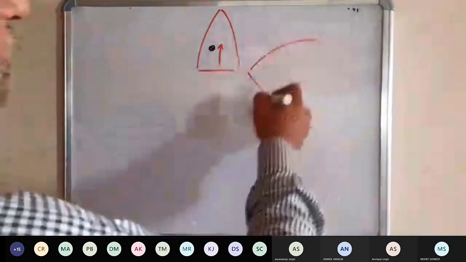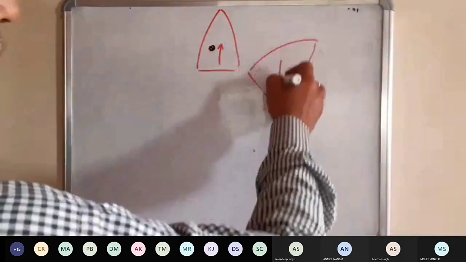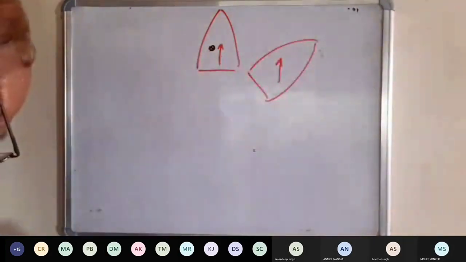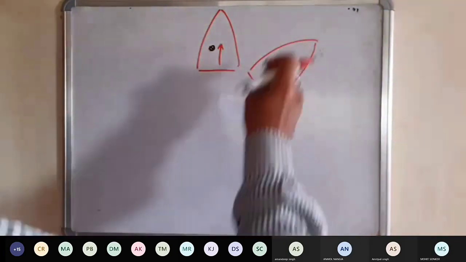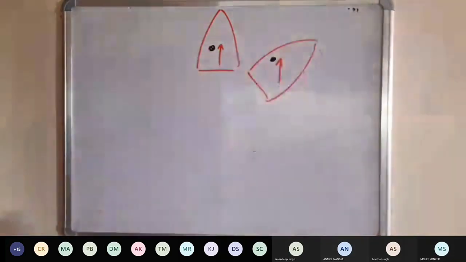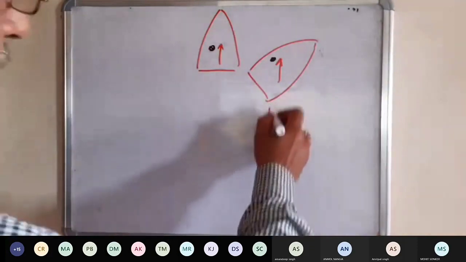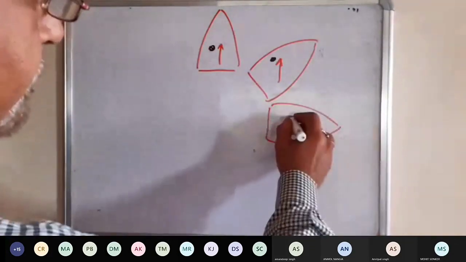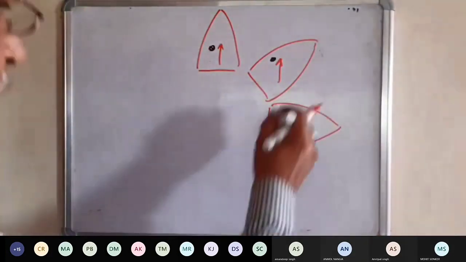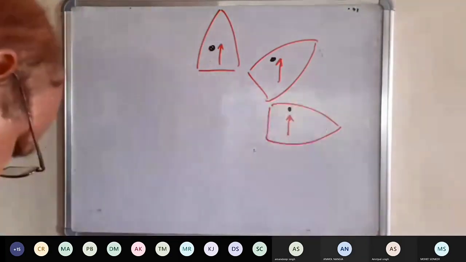When we are going on this course, the blue pole is here. When going this course, the blue pole is here.